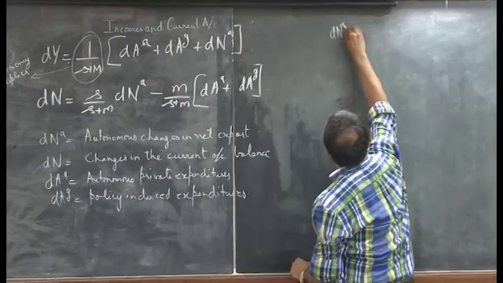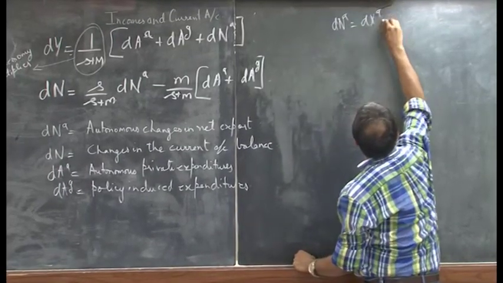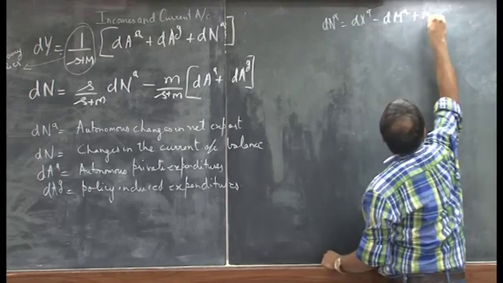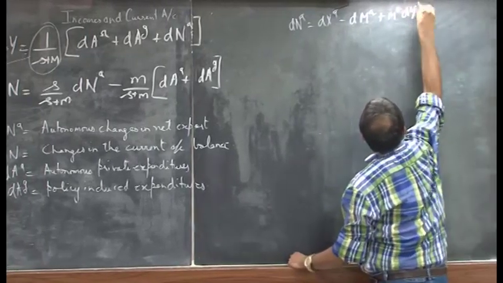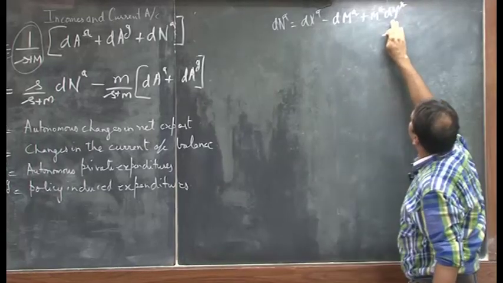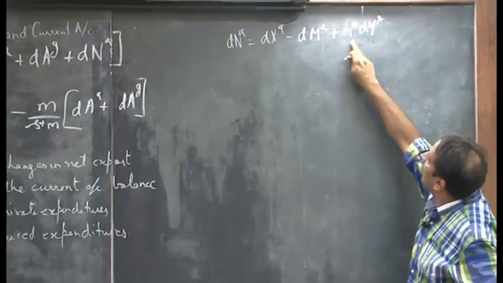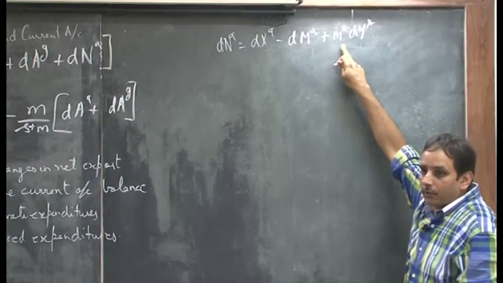DNA earlier was dxa minus dma plus m star dy star, where you had assumed that the incomes of the foreign country are constant and m star is the marginal propensity to import.